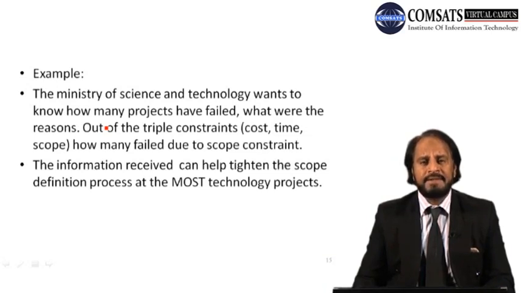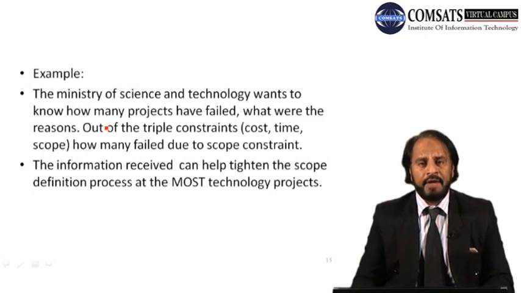So by basically getting simple descriptive information on how many projects were issued, were authorized, how many succeeded, how many failed, and among the failures, how many failed due to the time constraint, how many failed due to the cost constraint, how many failed due to the scope constraint, they could focus down on how many failed because of the scope.